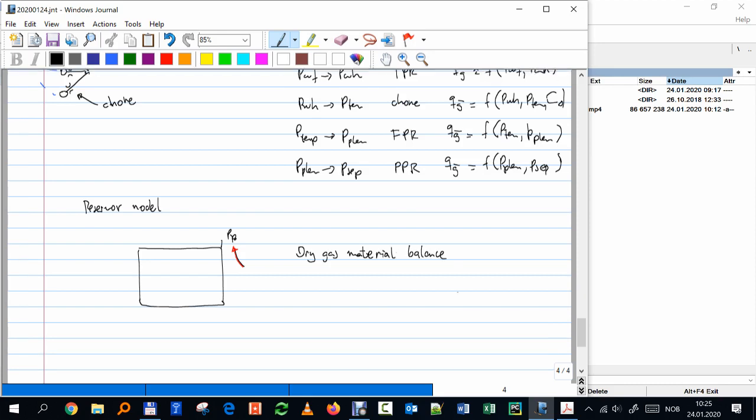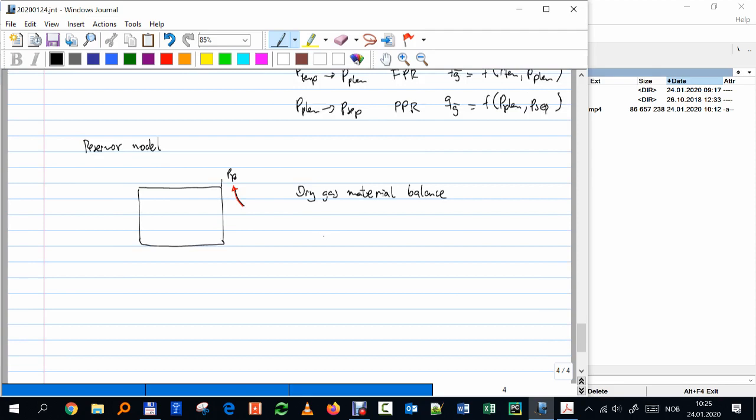Which I guess all of you remember by heart. You repeat it every time before you go to bed. Okay, initial ZR over ZI, yes, equals 1 minus the recovery factor, which is GP over G. That's the recovery factor.